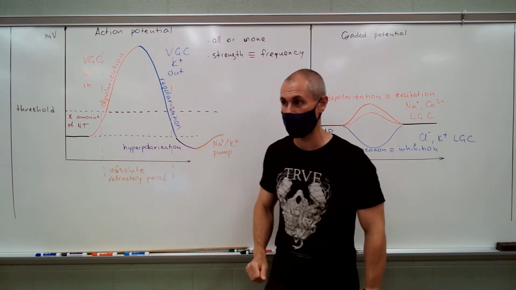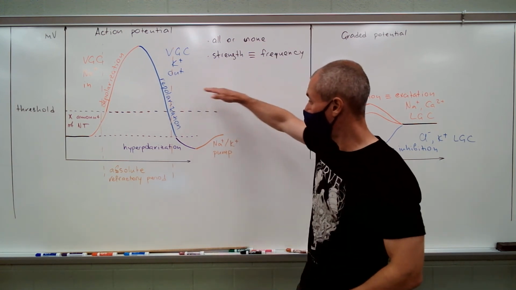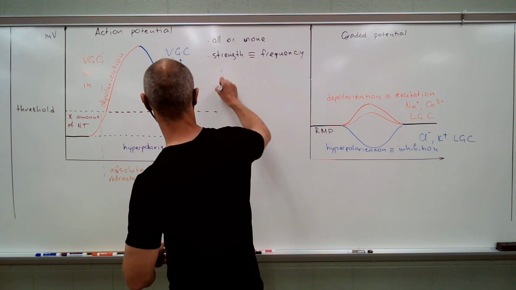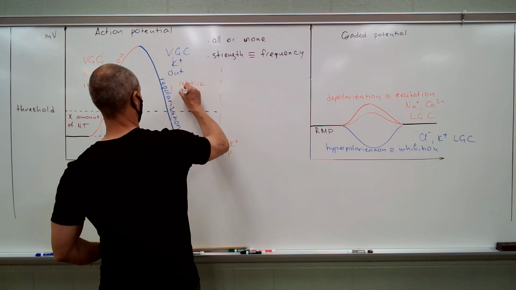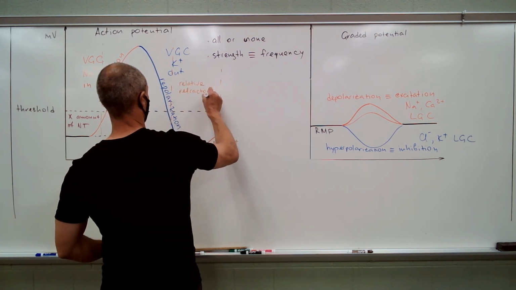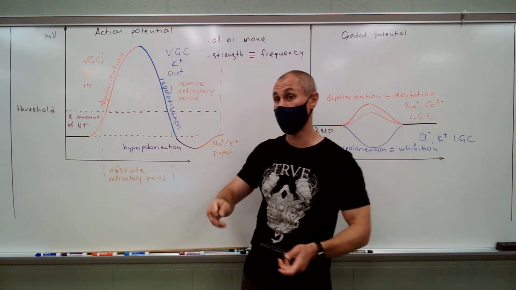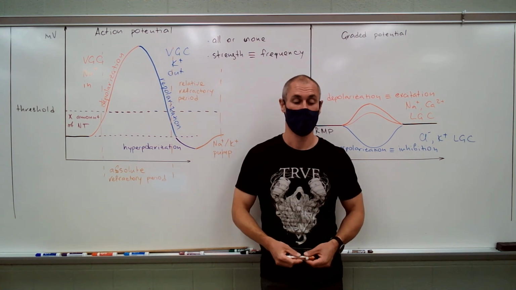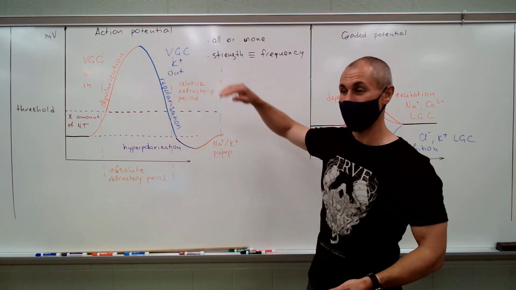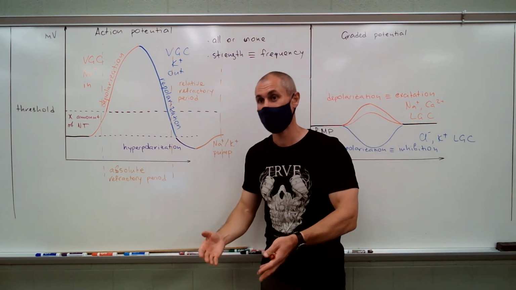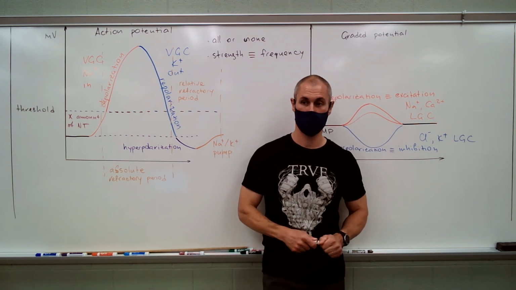More than X or less? More. See what I'm saying? So this part here is called the relative refractory period. What does that mean? You can cause another action potential here, but you need a stronger stimulus. You need more neurotransmitter to do that.